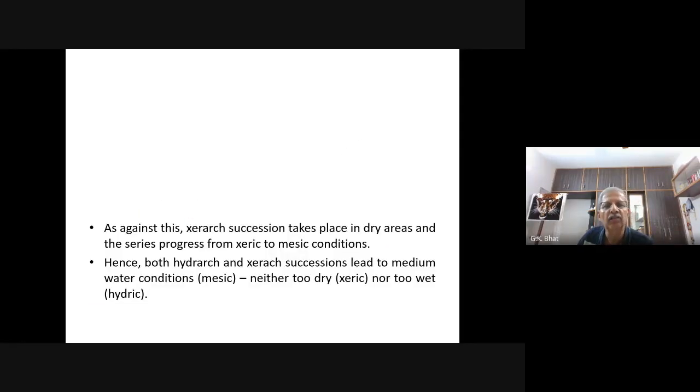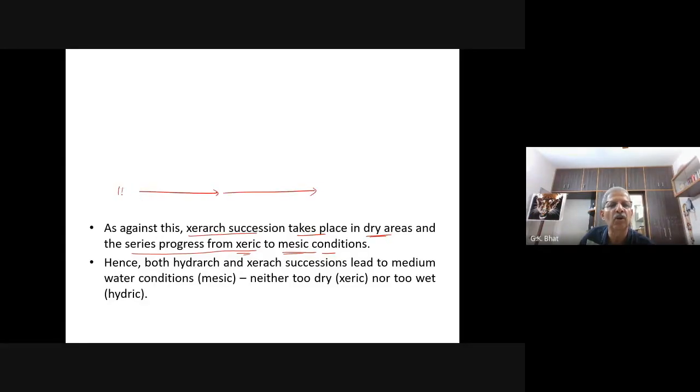As against this, xeric succession takes place in dry areas, and the series progresses from xeric to mesic condition. So whether it is hydric or xeric, it goes from water area to moderate area, or from xeric condition to moderate area.